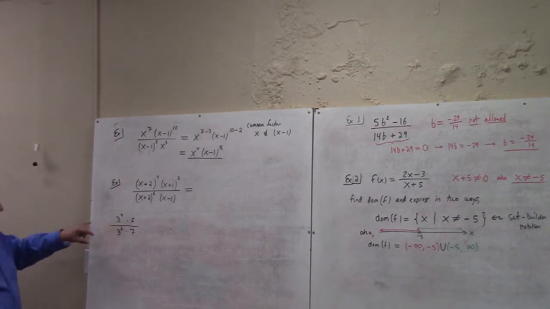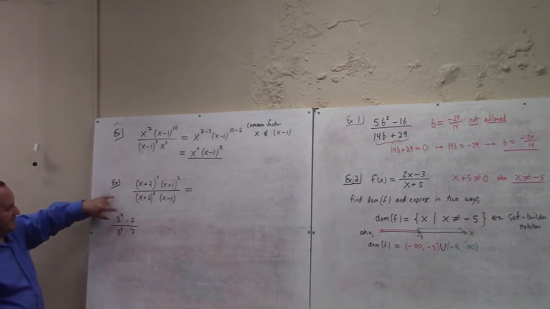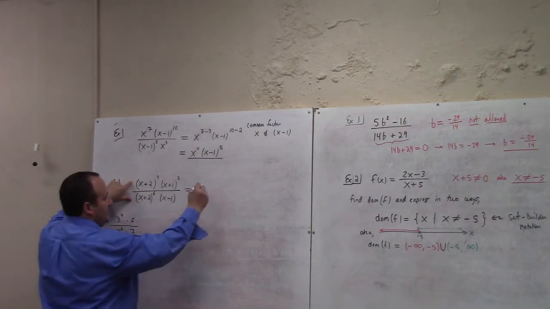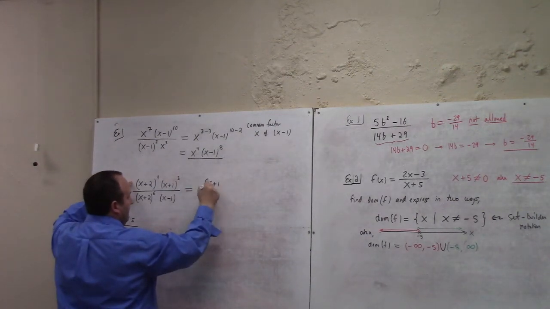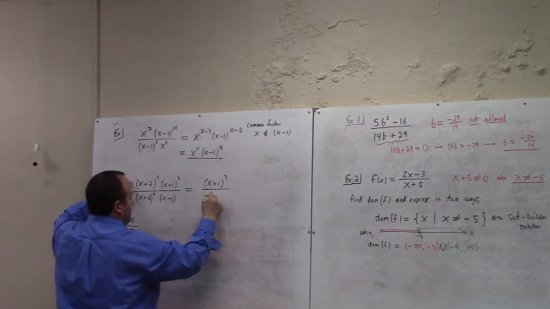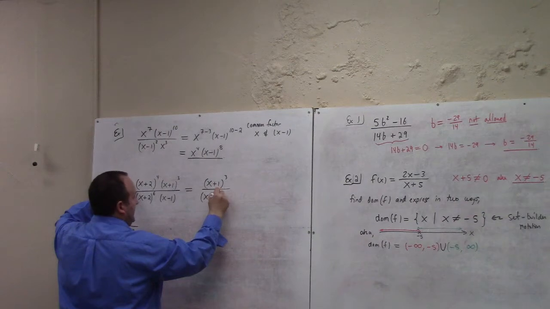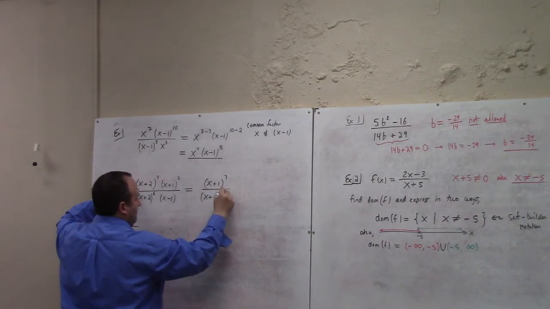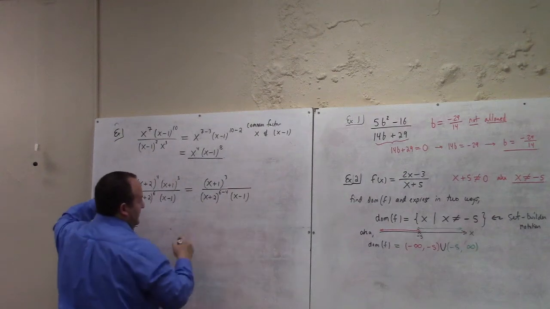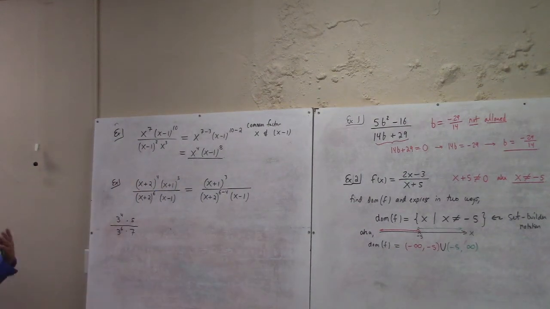So all we can really work on is the common factor, which in this case is x plus 2. And we get x plus 1 cubed over x plus 2 to the 6 minus 4 times x minus 1. I decided to bring the numerator factor into the denominator because I saw that the x plus 2 to the 6th was a larger power, and I'm trying to rewrite in terms of positive exponents.